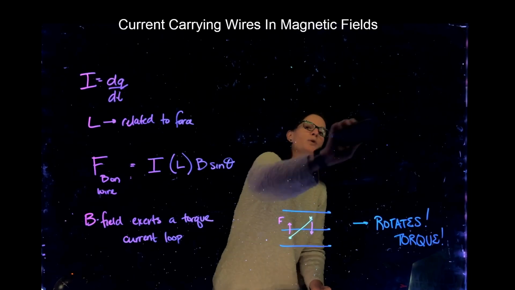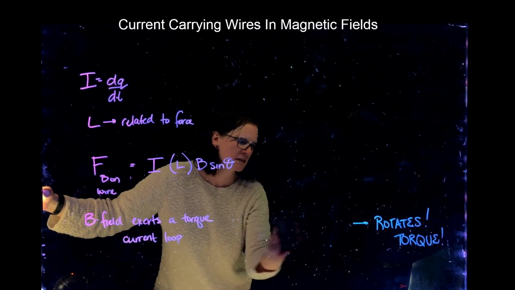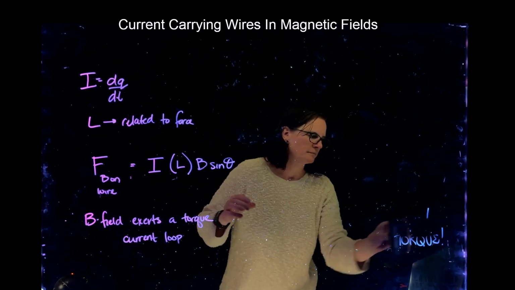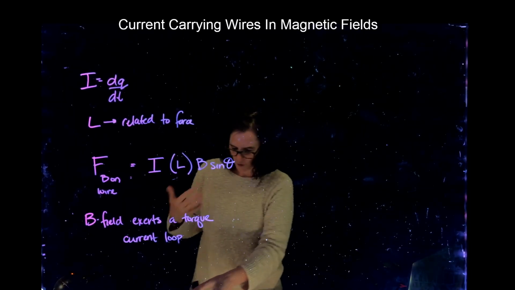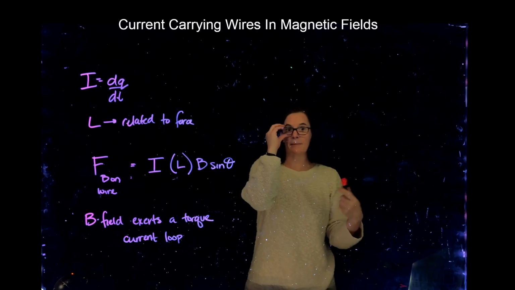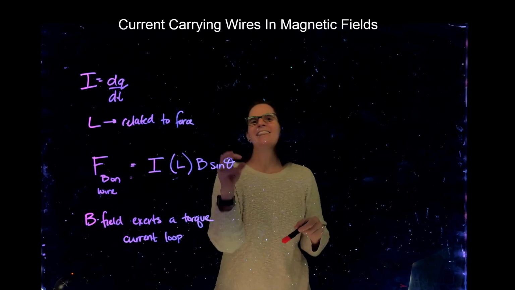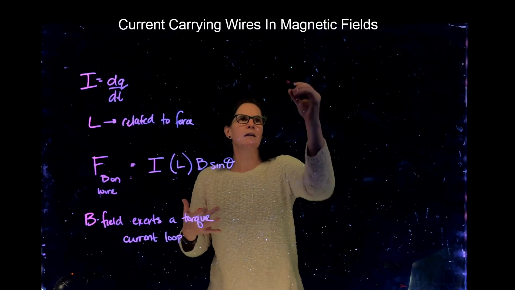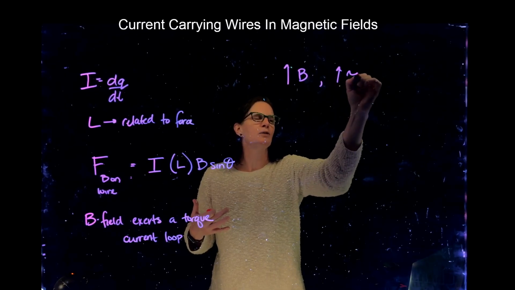How can I get a bigger torque? Well, we know from our first exposure to torque that it is related to the force, right? And the force that is causing the torque is a magnetic force, which is related to the field. So if I increase the field, I should increase the torque.